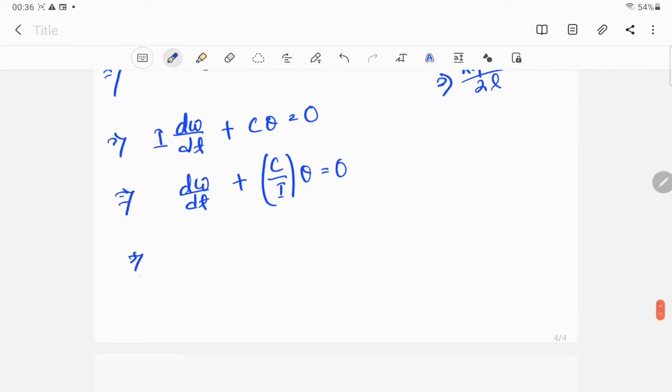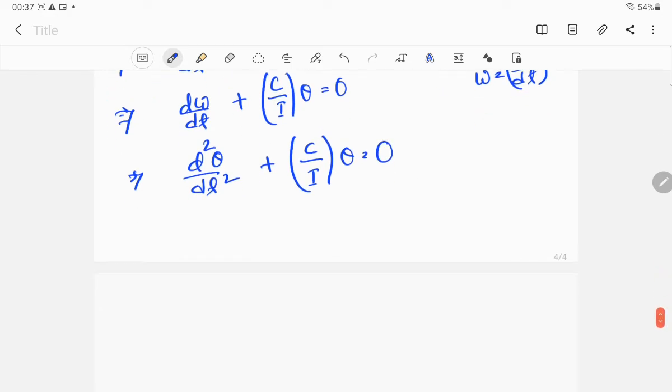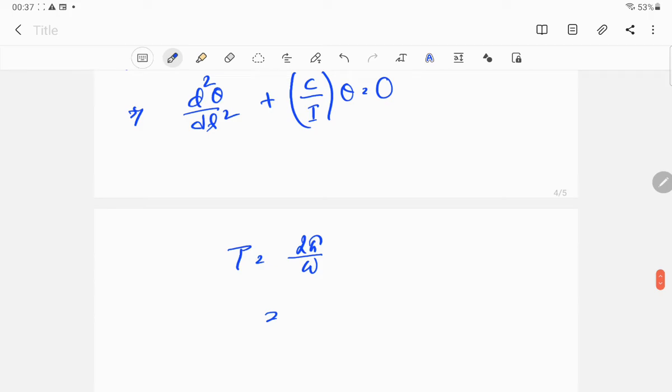And this could further be written as d2 theta by dt2, because omega, the angular velocity, is the rate of change of angular displacement. So d2 theta by dt2 plus C by I theta is equal to 0. From this we know that the time period will be T equal to twice pi by omega.